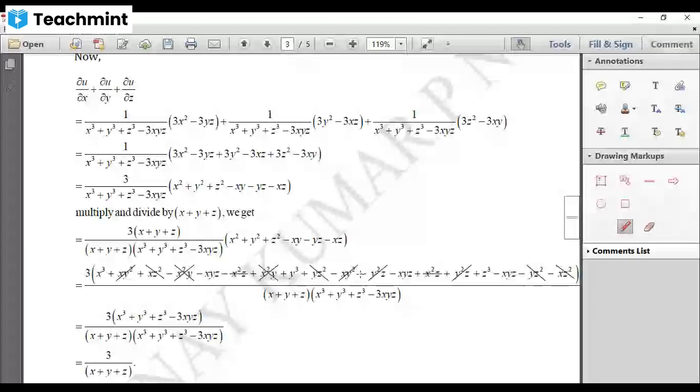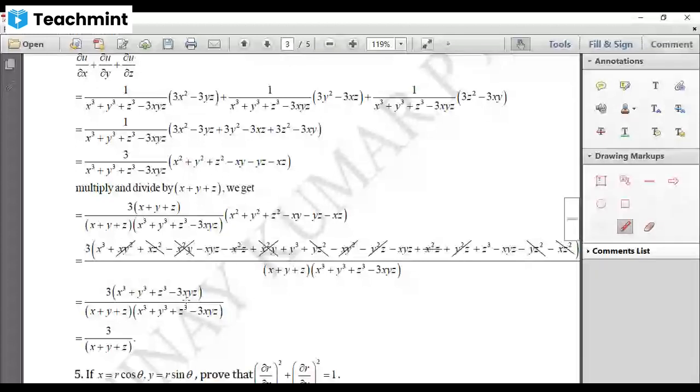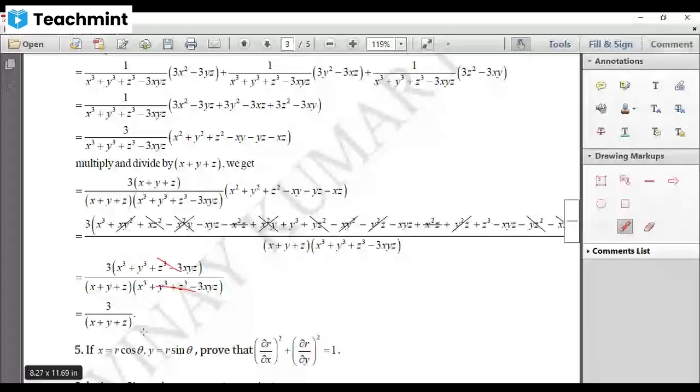So that you will get x cube minus xyz, y cube minus xyz, z cube minus xyz. If you add them, you'll get 3 times x cube plus y cube plus z cube minus 3xyz. And these two get cancelled. So simply you'll get 3 by x plus y plus z. That is what the required answer was.